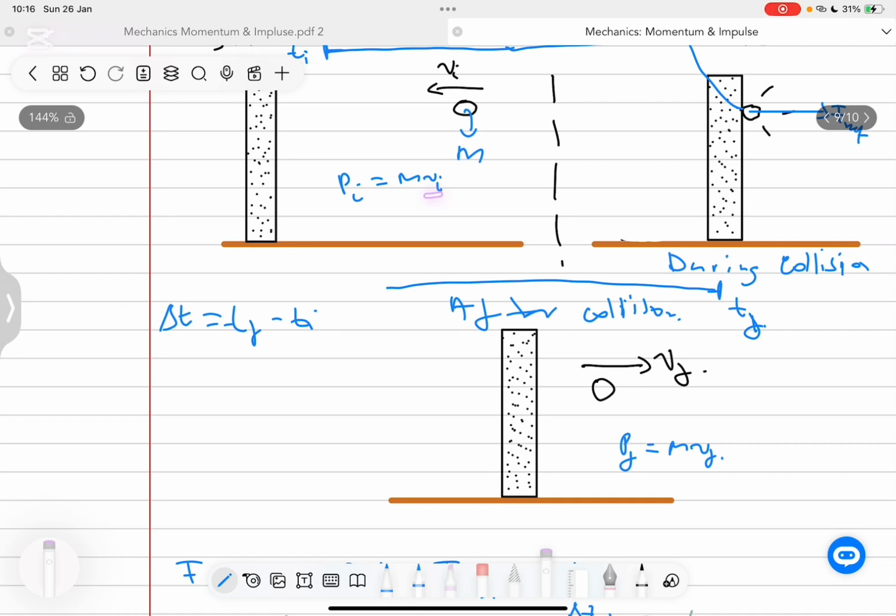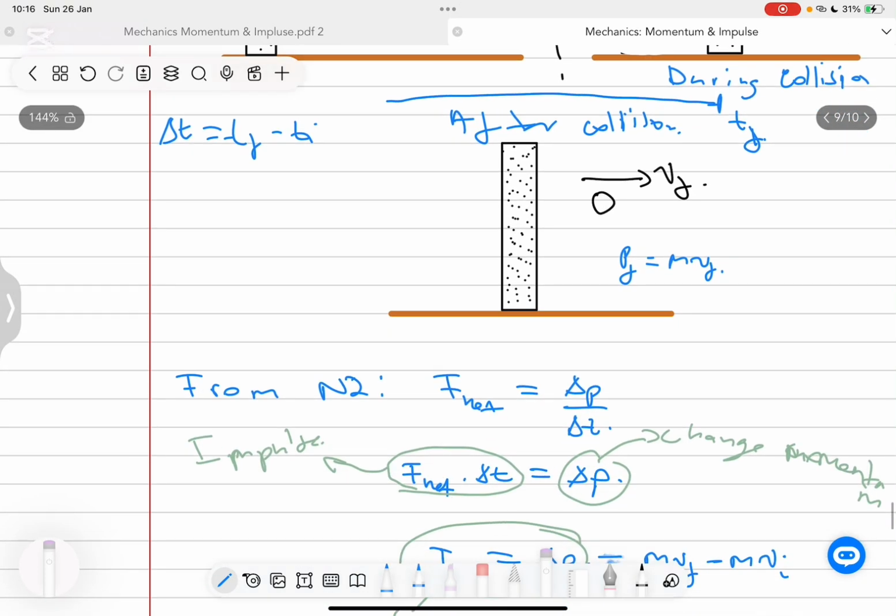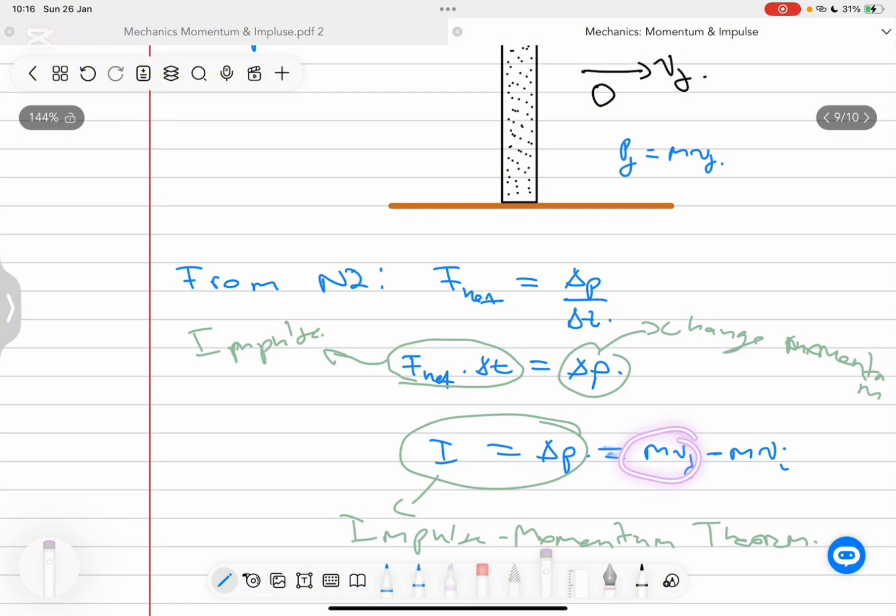However, it's relatively easy to measure velocity. We have a lot of techniques for measuring velocity. And it's quite easy as well to measure the mass. We can simply use a scale and get the mass of that object. I can then use this formula to find the change in momentum, because these two, the mass and the velocity, are easy to measure.